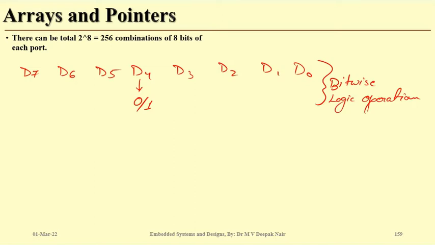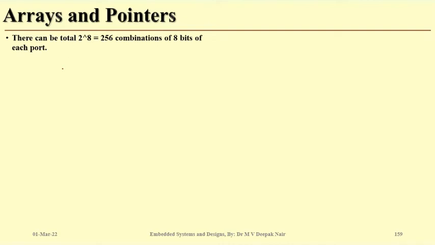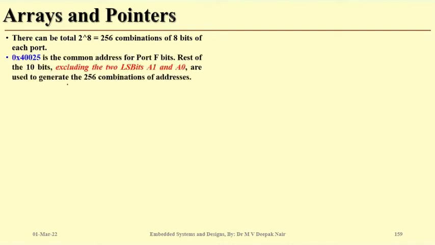This is available with the ARM Cortex. So you don't have to always throw all the 8 bits simultaneously to change the behavior of the ports. We can even change a single bit of interest. So there are 256 combinations which can be generated.